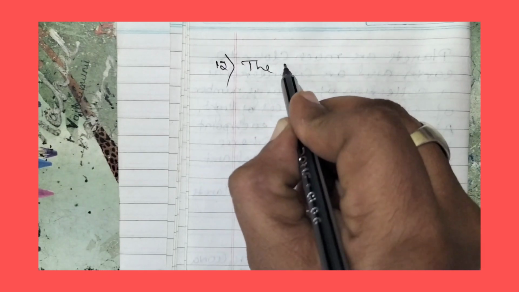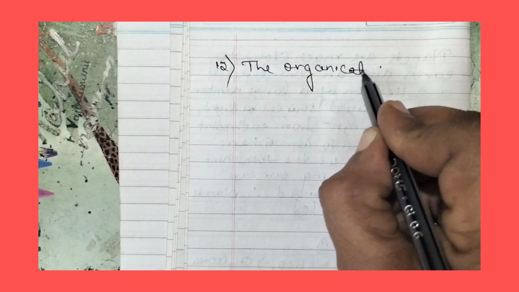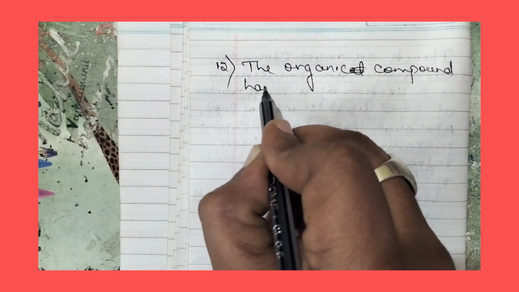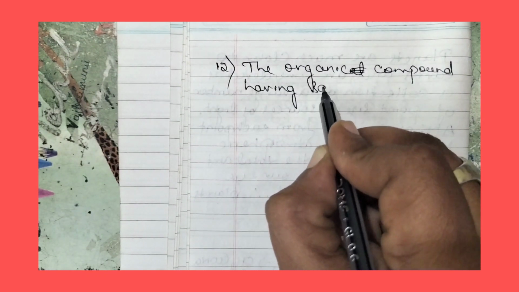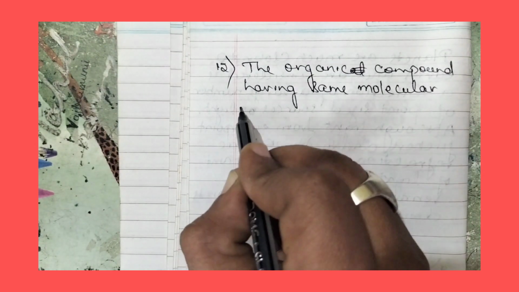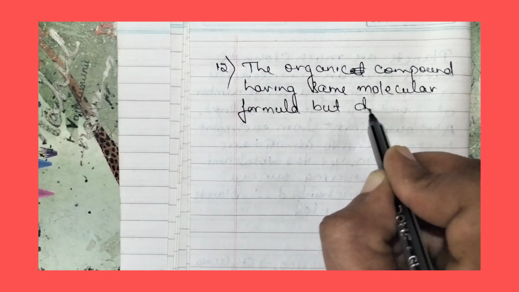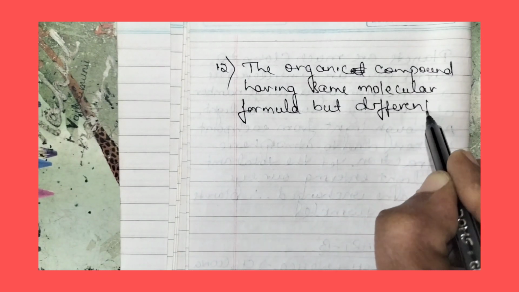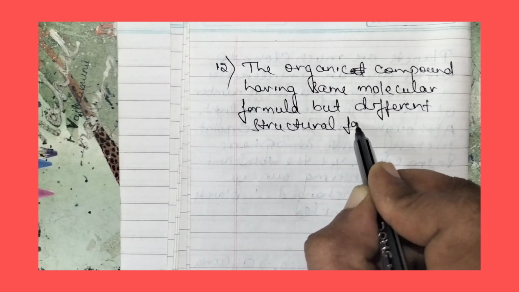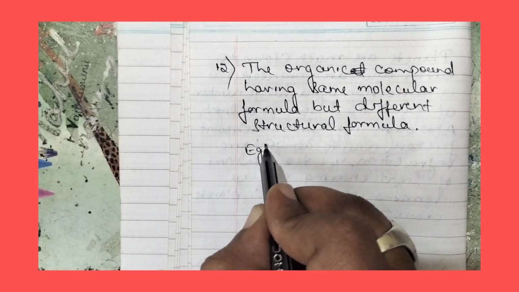The organic compounds having the same molecular formula but different structural formula are called isomers, and the phenomenon is called isomerism.